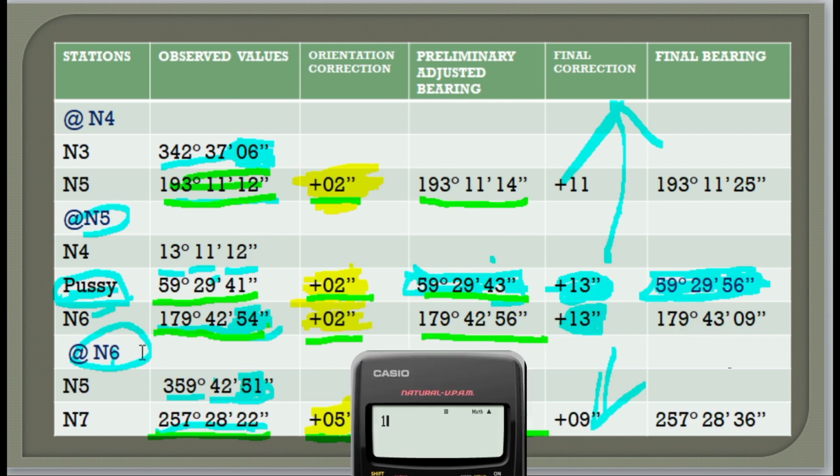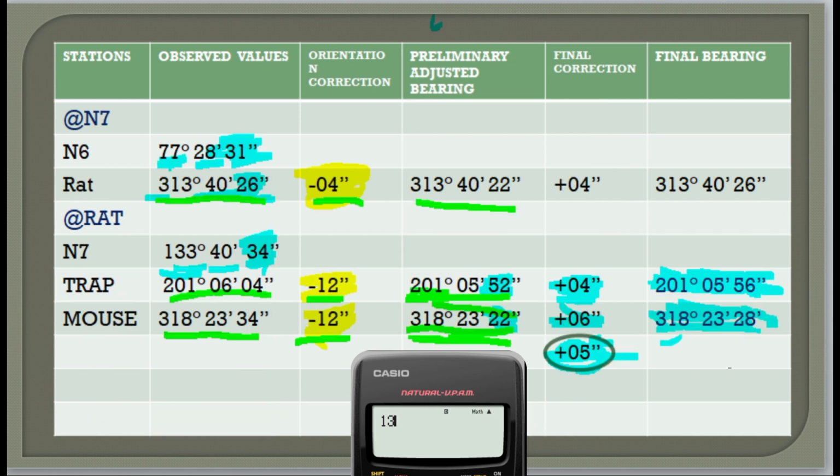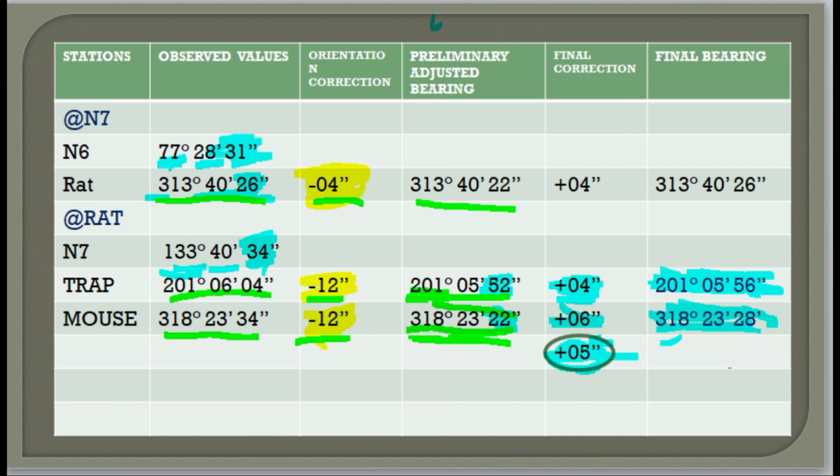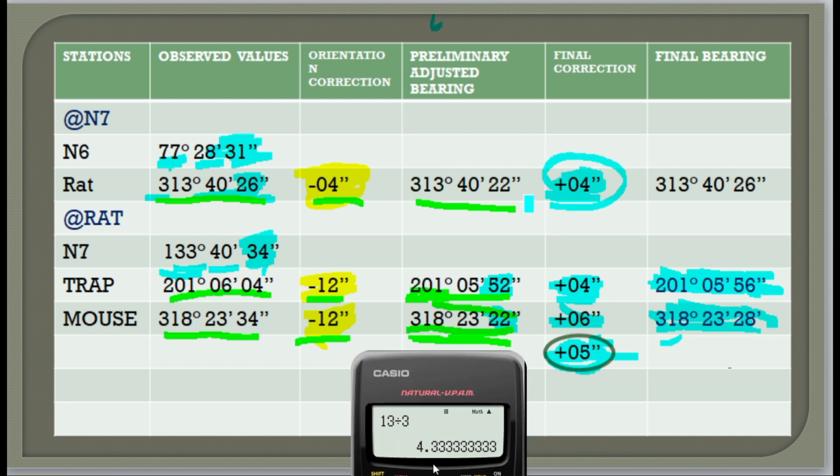By the use of a calculator, you go ahead and you divide 13 by the number of stations there. That will be 4.333. That is the value that we are applying here. So that is the correct value applied on this part.